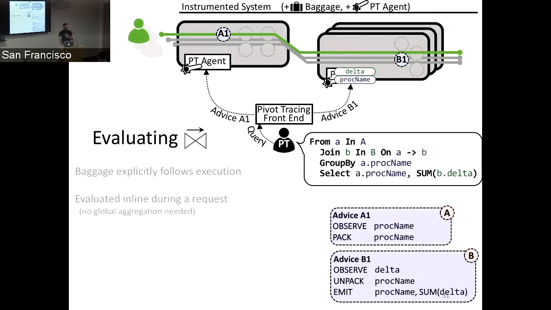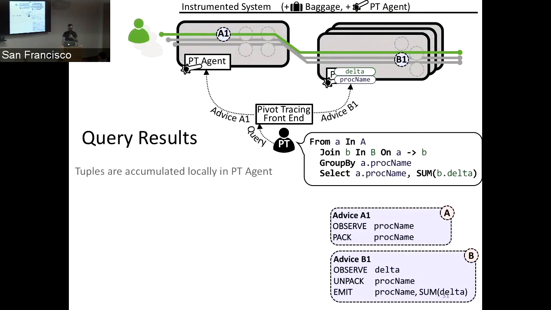Yeah, and the baggage explicitly follows the execution path, and it's evaluated inline during the request. So no global aggregation is needed to compute these things, and then you can centralize everything and finish your commutative associative operations.